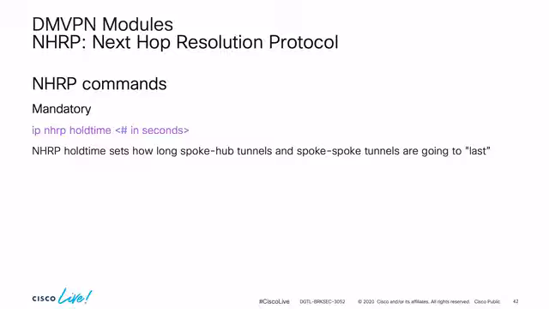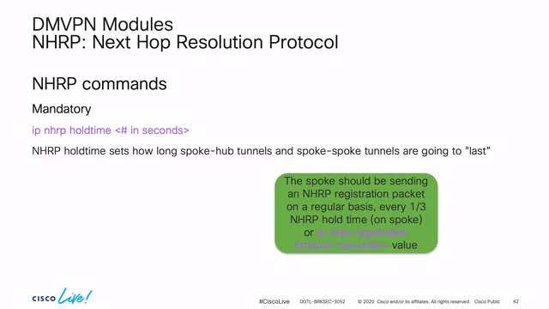In case of a spoke to hub tunnel, the spoke should be sending out an NHRP registration packet every one third of the NHRP hold time. Another way of changing this particular value is to configure the IP NHRP registration timeout value too.